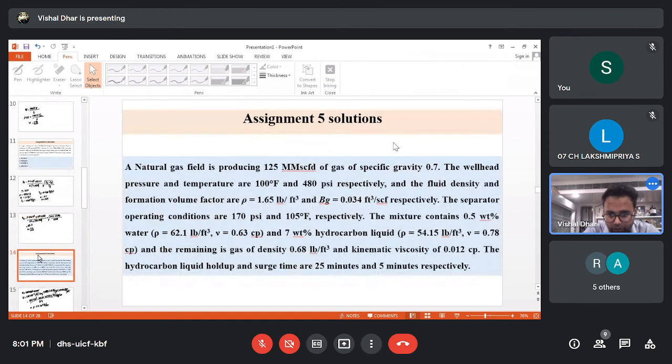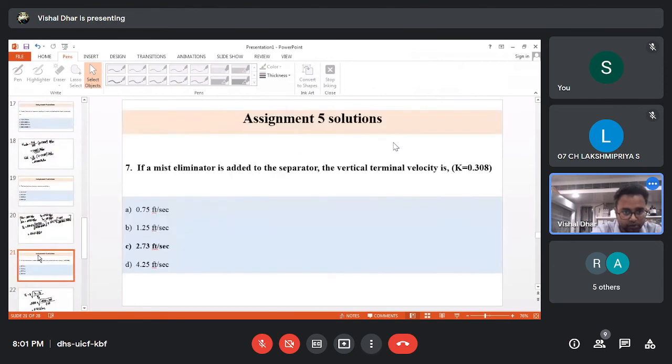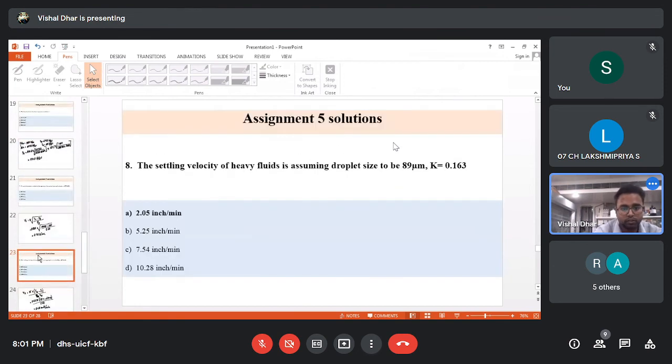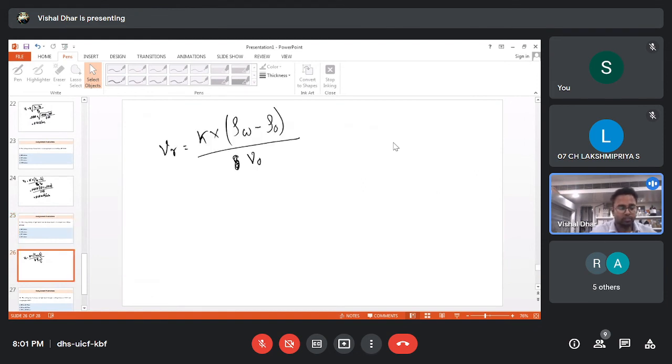All the parameters are given in the question. Tell me the rising velocity of the light liquid from heavy liquid.